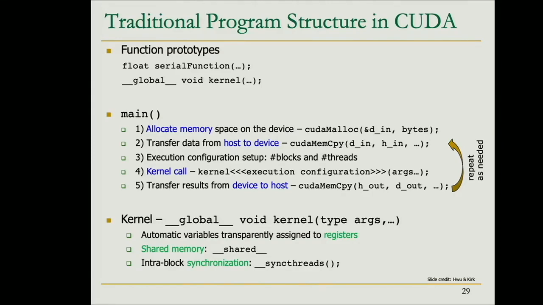Why is that? Because the kernel call is asynchronous, meaning that when the host code reaches this point, what the host is doing is calling the GPU driver and telling it, hey, please start running this kernel on the GPU. But right after that, the CPU thread is free, so it can continue computing, doing maybe arithmetic operations.